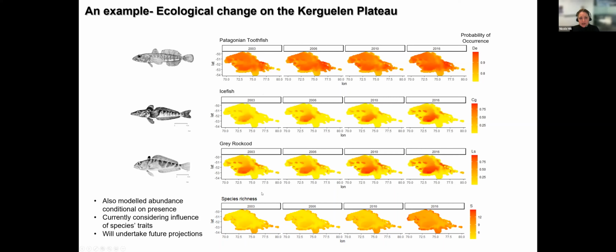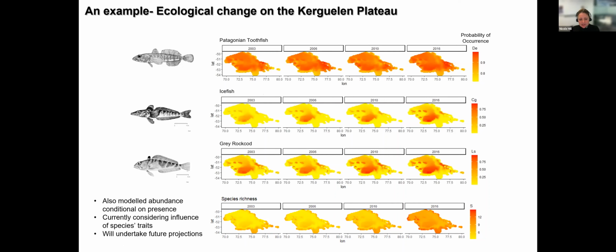And then if we combine all this information from the individual species, we can also look at species richness through time, so a kind of community index or metric. And we can see that there seems to have been a trend for increased prevalence of species through time. So now Joel has also modelled the abundance of these particular fish through time, but that's still being finalised, so I'm not going to present that today.